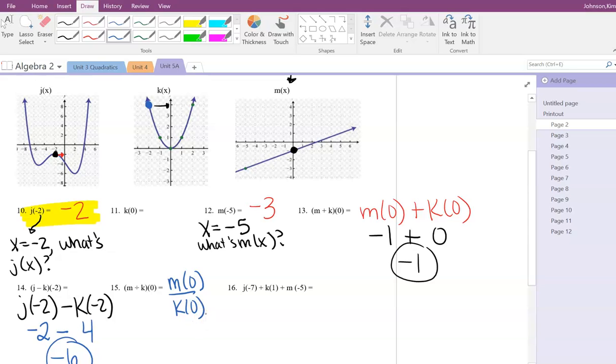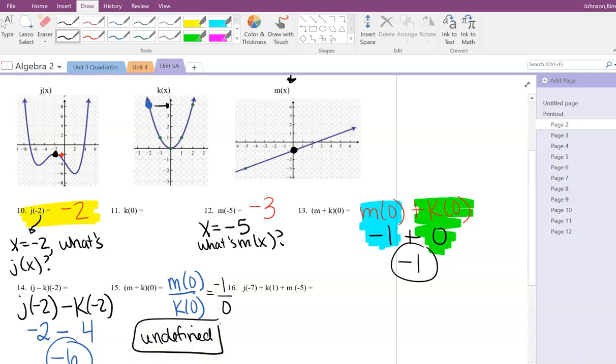We already evaluated both m of 0 and k of 0, right? We did this work up here. So m of 0 was -1, and k of 0 was 0. So this is -1 divided by 0. We saw this example earlier. When you divide by 0, your expression is undefined.